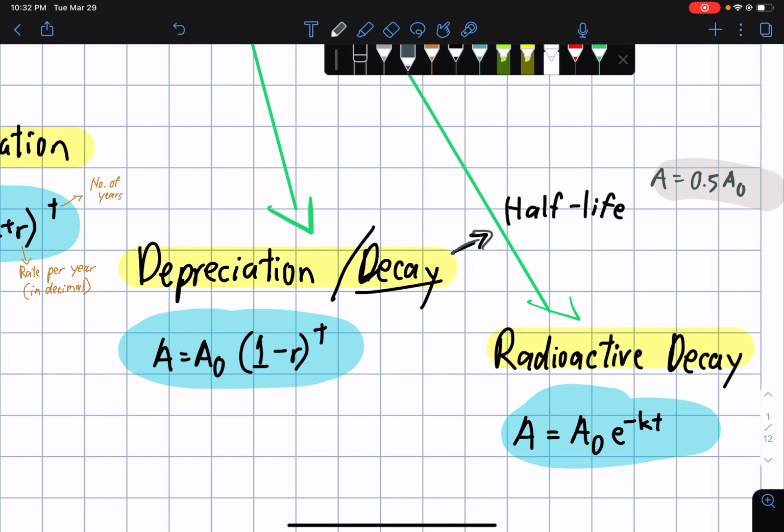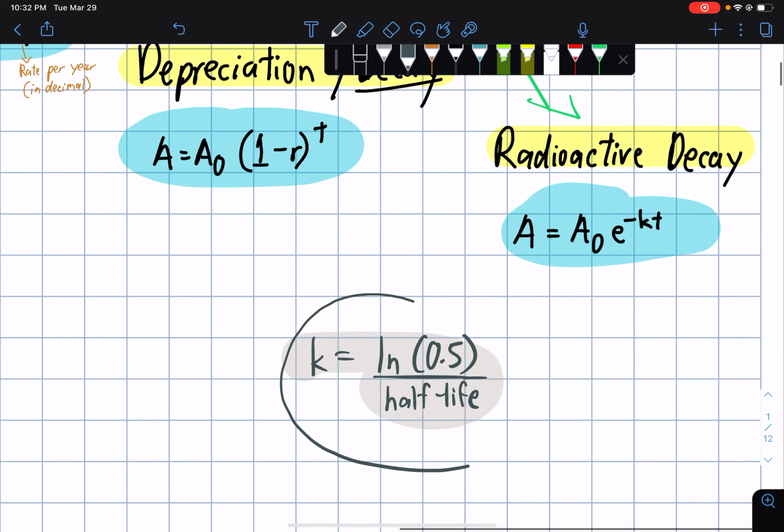So A would be equal to 0.5 times AO. And in order to solve for K, or constant of proportion, it's basically ln of 0.5 divided by the half-life.